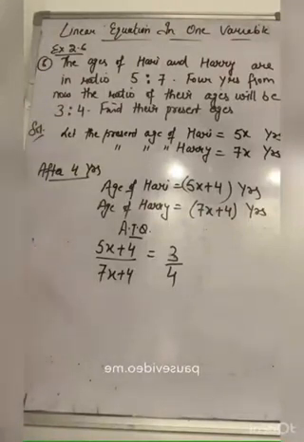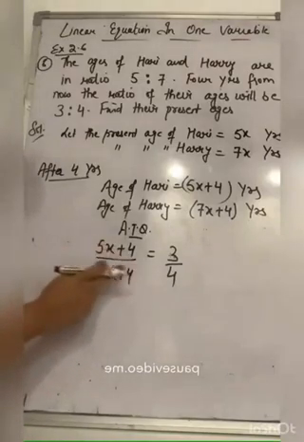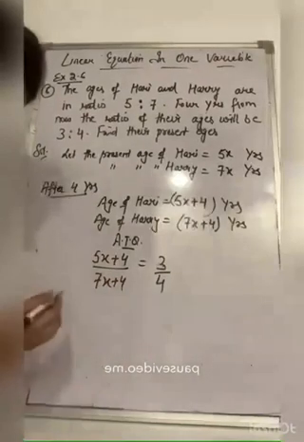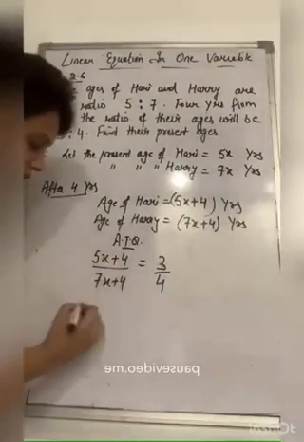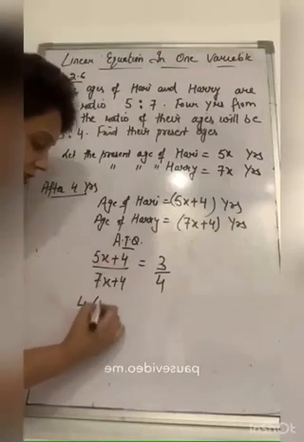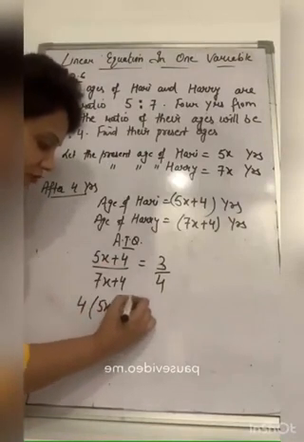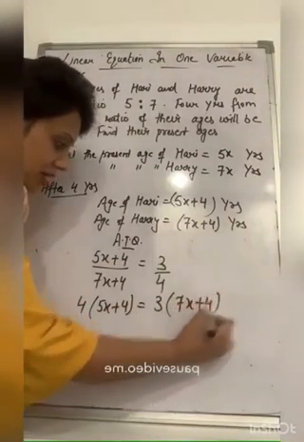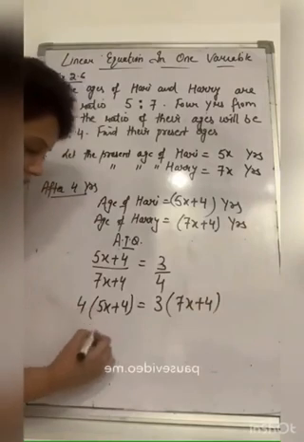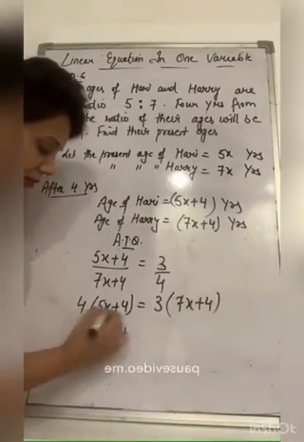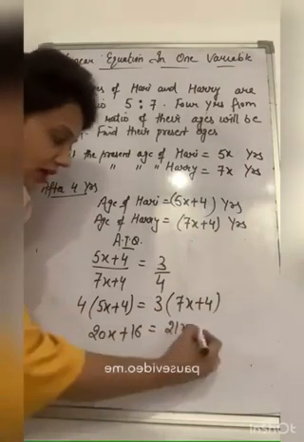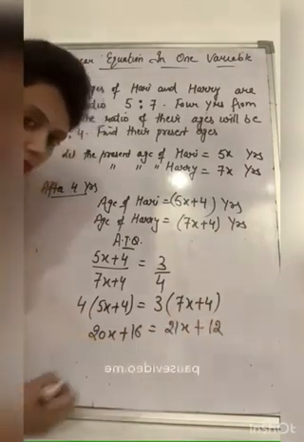Now we have to solve this for finding the value of x. What we will be doing? We will cross multiply. After cross multiplication, this 4 will get multiplied with 5x plus 4 and this 3 will get multiplied with 7x plus 4. Now 5 fours are 20x plus 4 fours are 16 is equal to 7 threes are 21x plus 3 fours are 12.